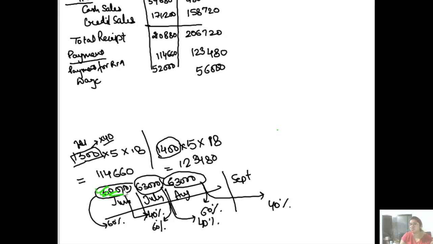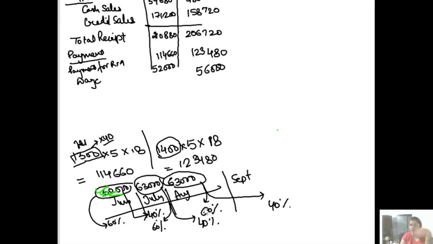So 60,000 into 105%, that is 63,000. It means fixed overhead is 63,000 from the month of July. Every month it is fixed, and the condition is they are going to pay 60% in that month only, and 40% in the following month. Following month means next month. Same happens for the month of July, same for August also.